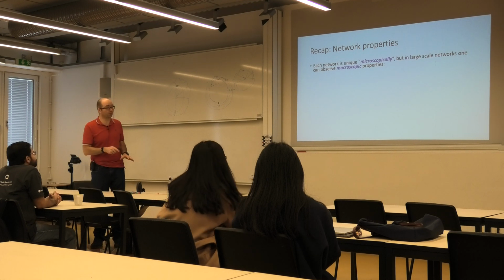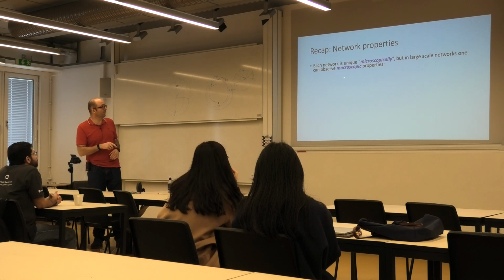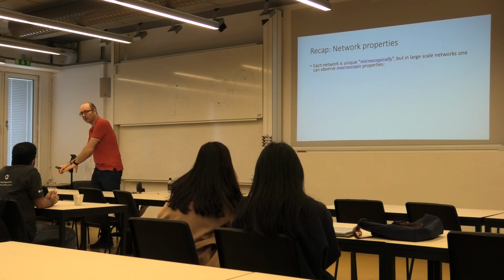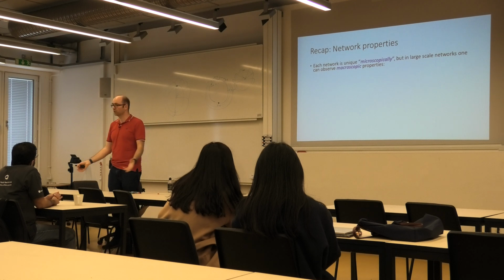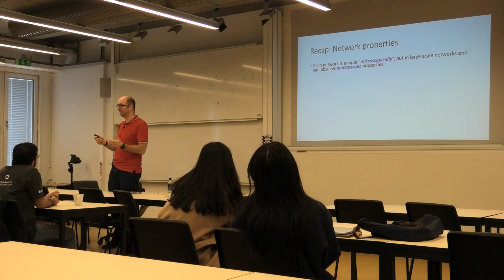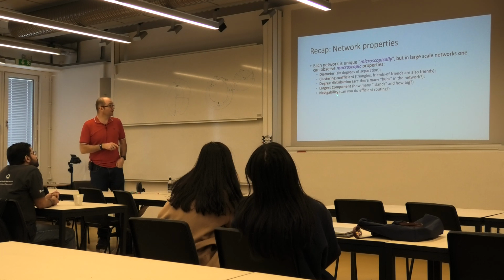But mostly you want to look at the macroscopic properties, not about a specific Peter or John or Sandra, but overall how the social network looks, what the basic parameters are, what the phenomena are that drive this network. So we looked at these main things: diameter, clustering coefficient, degree distribution, largest components, navigability.